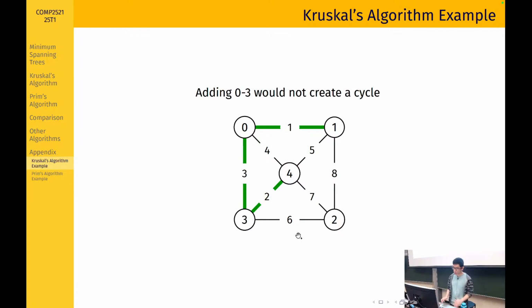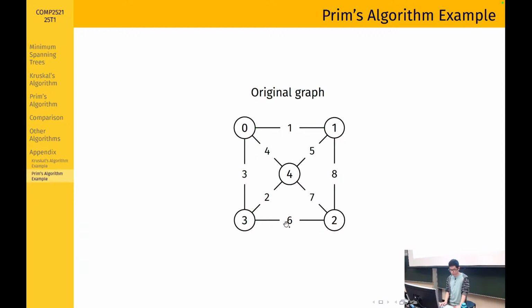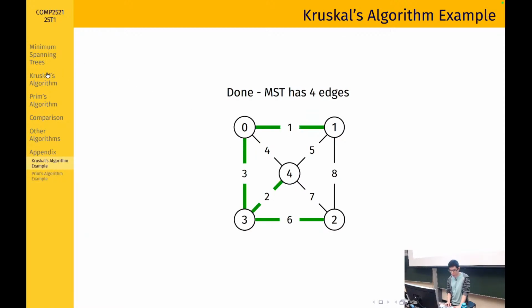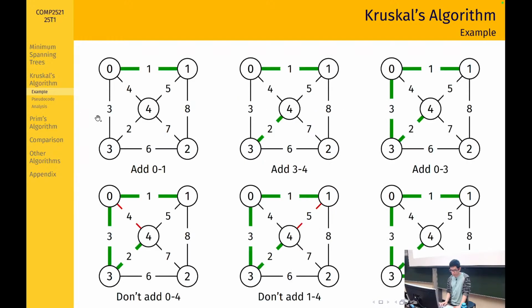It doesn't create a cycle, so we add it. So 0, 4 creates a cycle, 1, 4 creates a cycle, and 2, 3 doesn't. Now we're done because we have 4 edges. Cool, and here's a summary of the whole thing.